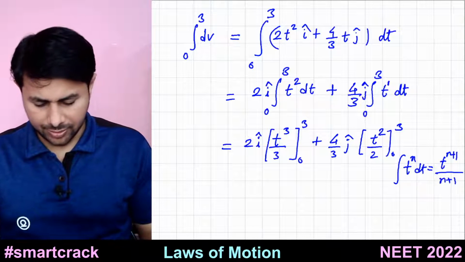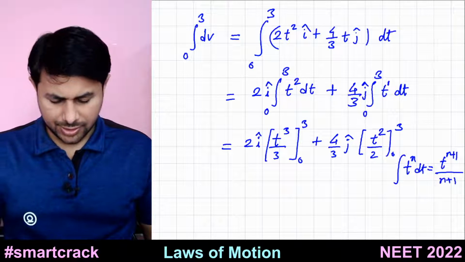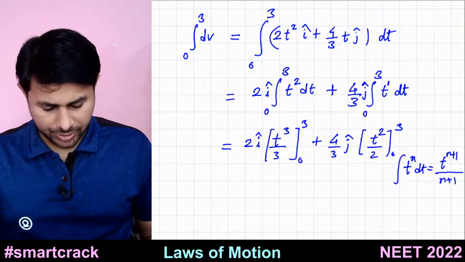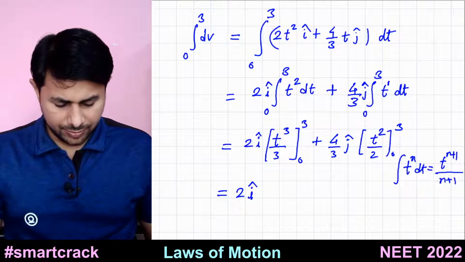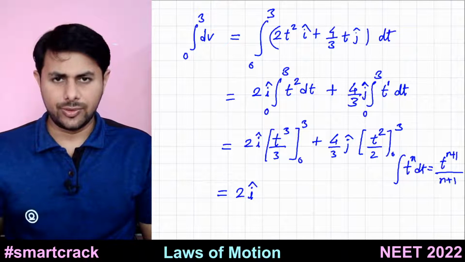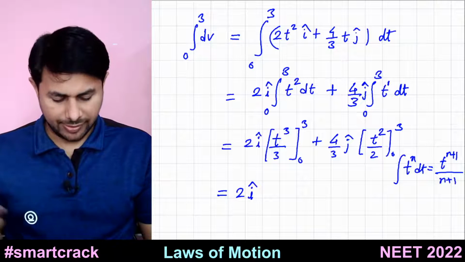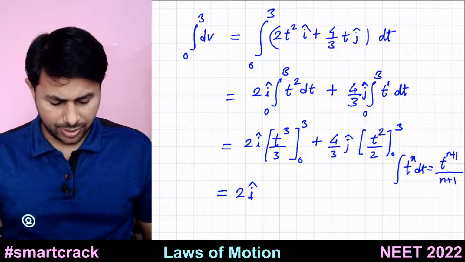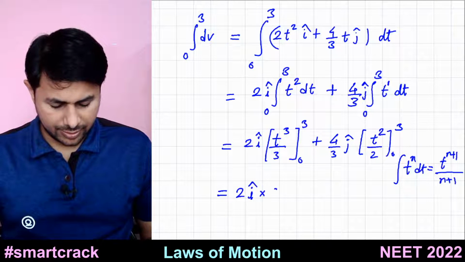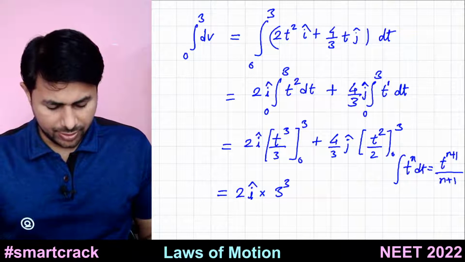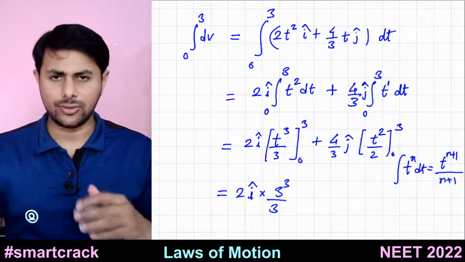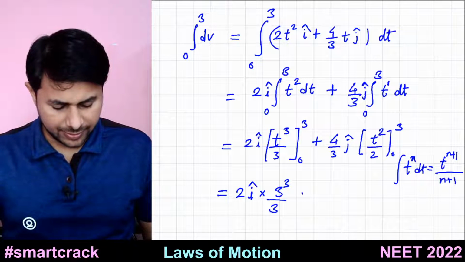Now we can substitute the limits. Since the lower limit is 0, we just have to substitute the upper limit. So it is 2 i cap into t cube, that means 3 cube divided by 3, so 3 square, basically 9.